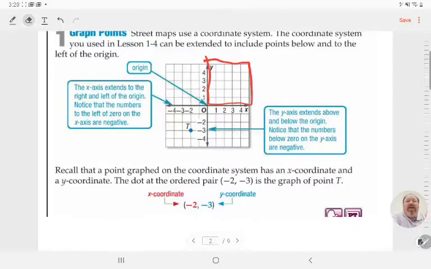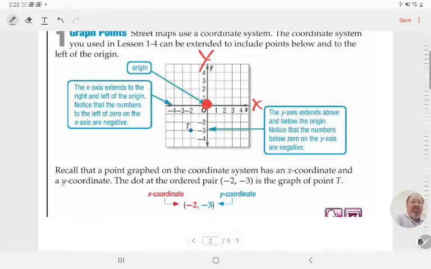We still have origin, and origin is still at 0, 0, where the x and the y cross. This is still the x-axis, and this is still the y-axis. It's just that the x-axis extends to the left to include negative numbers, and the y-axis extends downward to include negative numbers, okay?